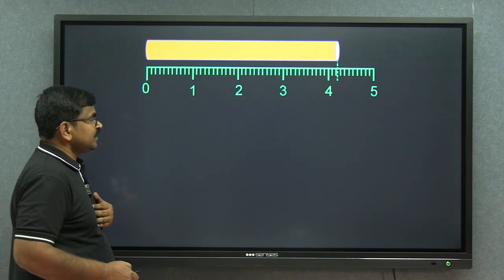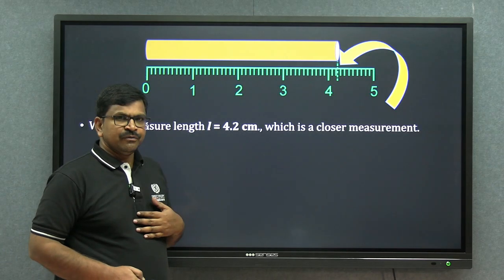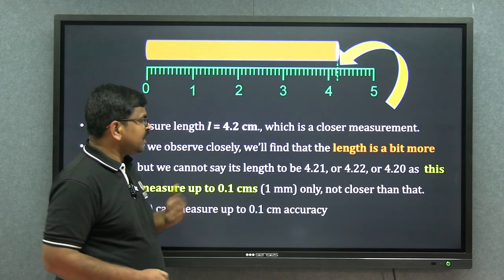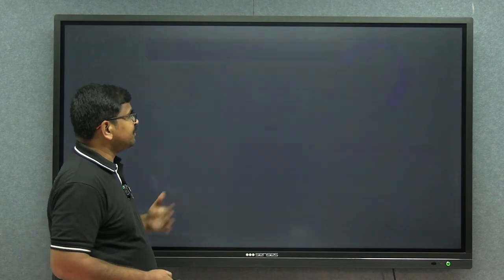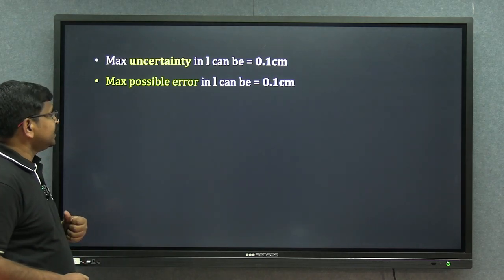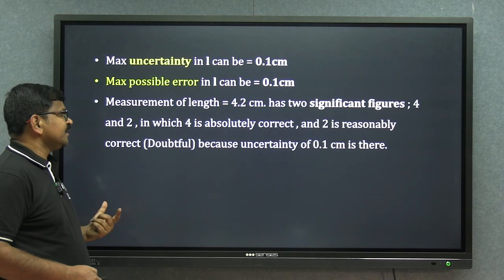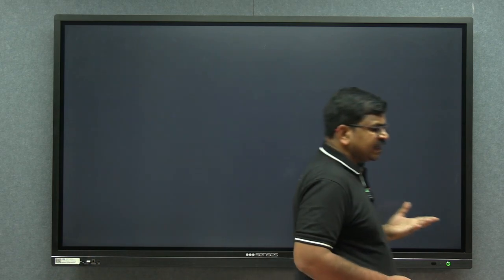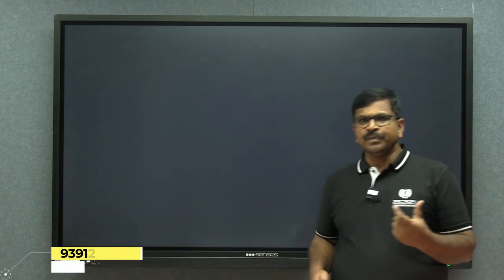Suppose I want to measure this with an even more accurate scale, even more resolution, that we can measure here. Measurement can be taken in another way, like with a screw gauge or vernier calipers, even a micrometer or microscope.